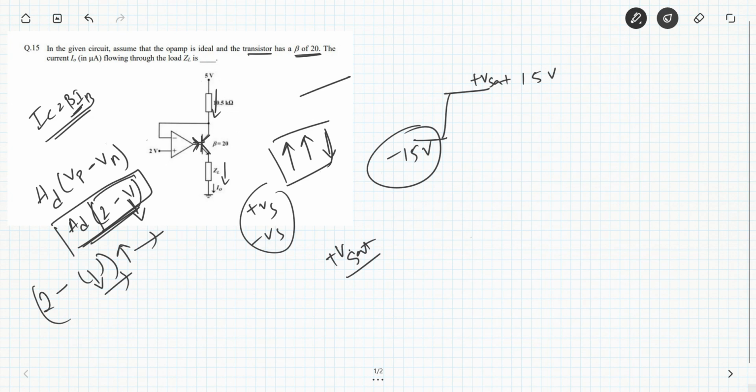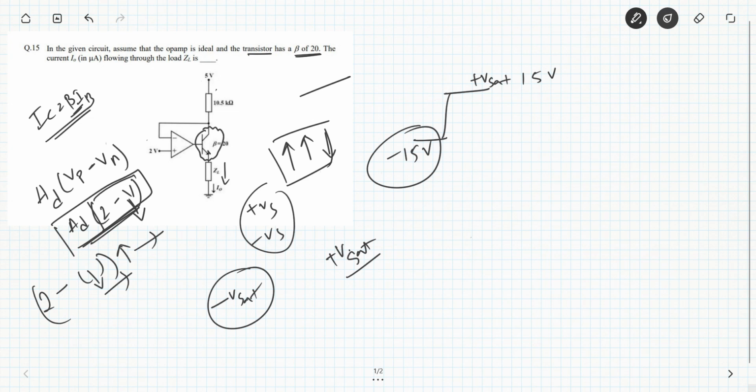We actually don't know what the actual current flowing through this is. Because we don't know the current, there is no way to verify that it's actually in the plus Vsat region. So because we don't have a way to verify plus Vsat, let's assume it to be minus Vsat.